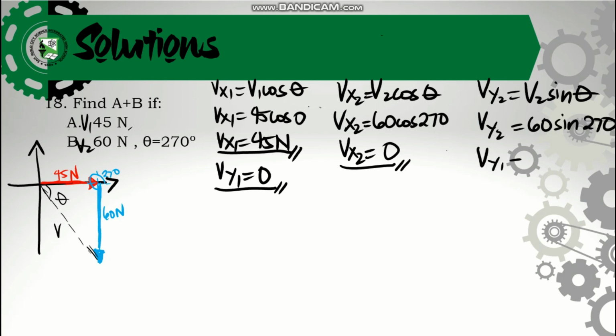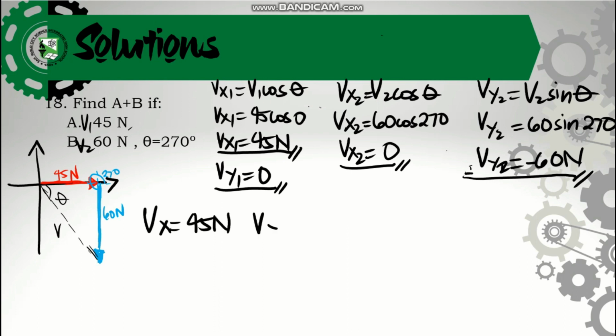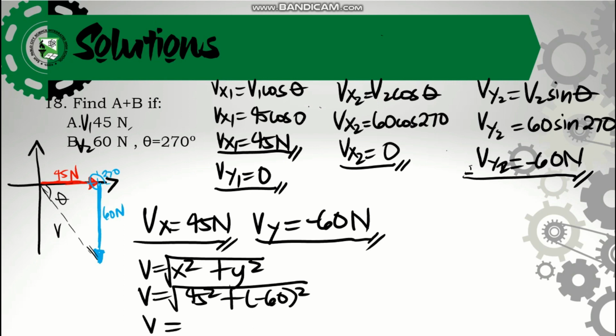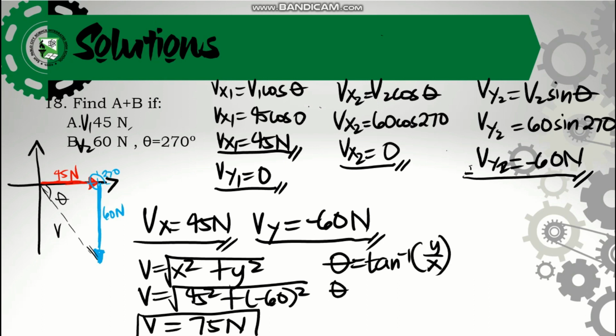So for those vector components, you can get the summation or the total Vx which is 45 Newton and then Vy is equal to negative 60 Newton. So we have V is equal to square root of x squared plus y squared for those total components. We're just going to put it on the Pythagorean, and that will give you the resultant vector as 75 Newton. And then for getting the angle, we have inverse tangent of negative 60 over 45, which is negative 53.13 degrees.